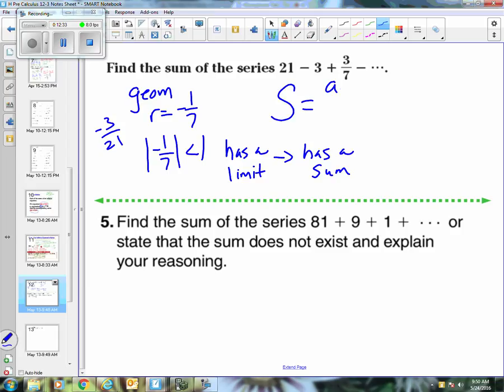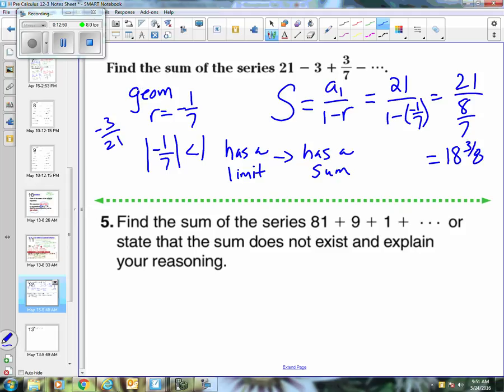So the sum of this infinite geometric, the ratio is less than 1. I know I can calculate this. It would be 21 over 1 minus the ratio. Be careful that you get those negative signs in there. So over 8/7 we divide, and we end up with 18 3/8. Or you could write that as 18.375.